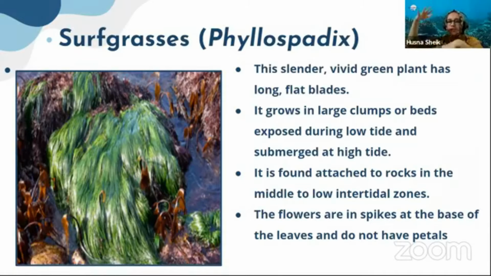When the tide is high, when the sea level is high, they are submerged. During low tide, they are exposed. The flowers are in spikes at the base of the leaves, and they don't have petals.